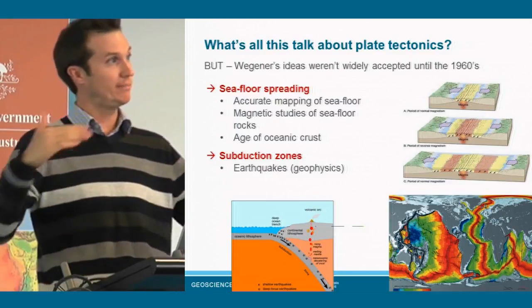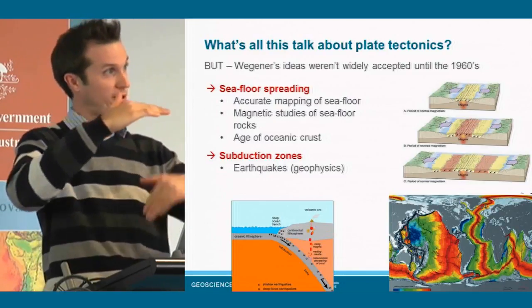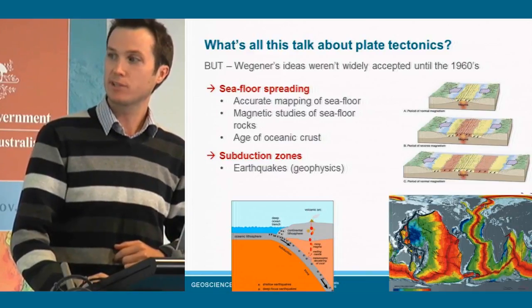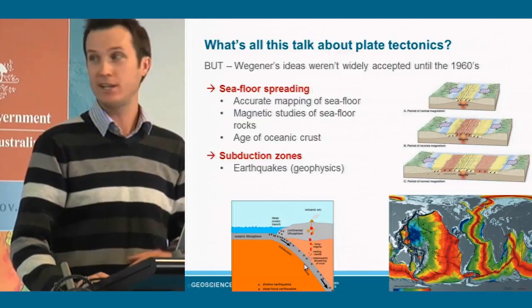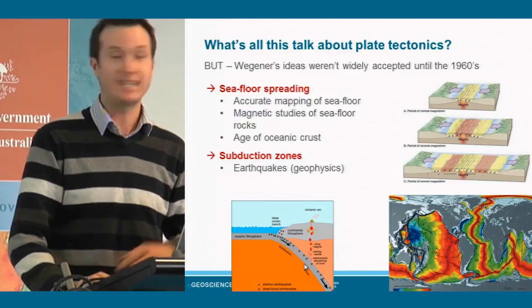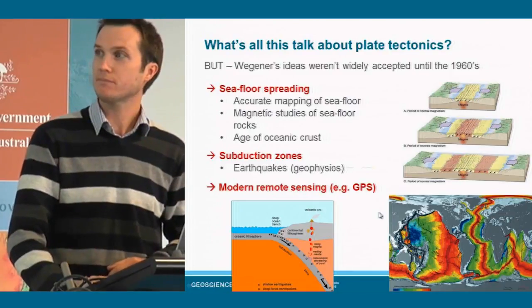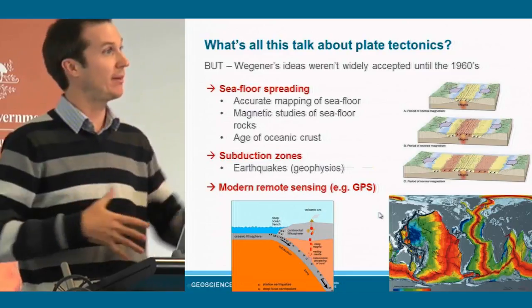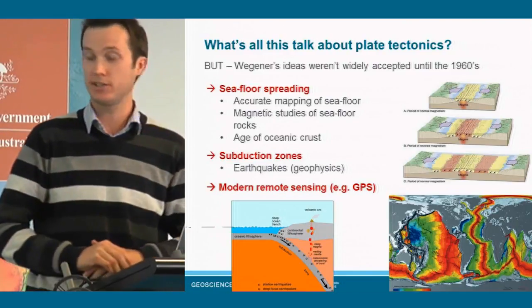Where we have oceanic crust meeting continental crust, it's always the denser oceanic crust that subducts, and these are what are called subduction zones. We were able to start imaging things like earthquakes, what depth they occur at, and eventually being able to image the actual subducting slab going down into the mantle. And then finally, with more modern techniques such as GPS, global positioning, we were able to see the movement of individual continents on the Earth's surface.